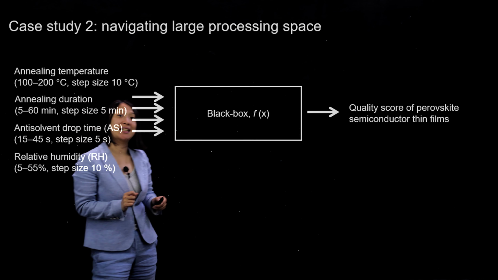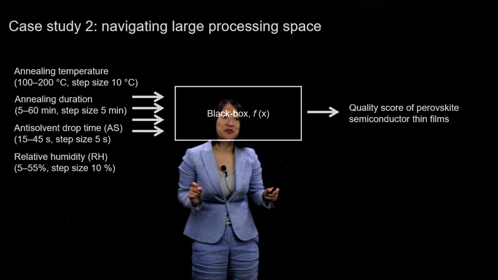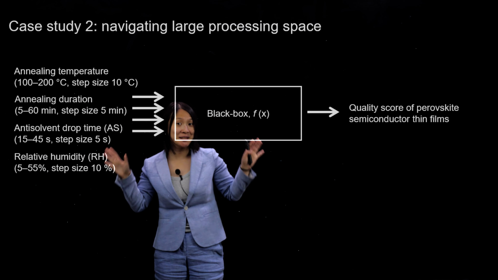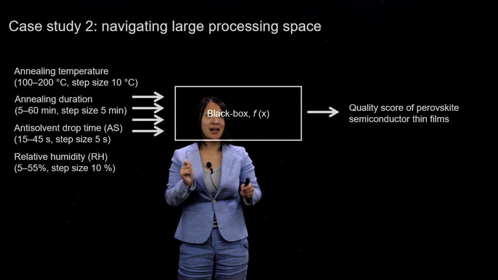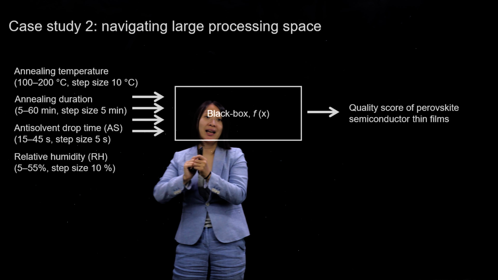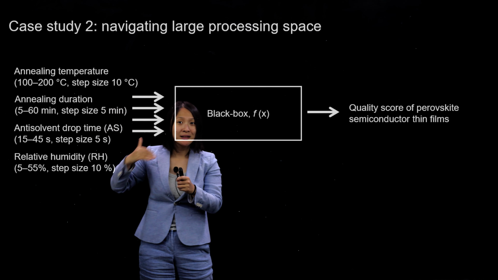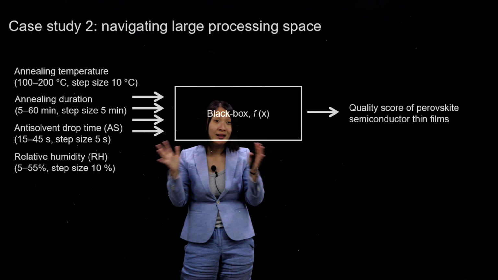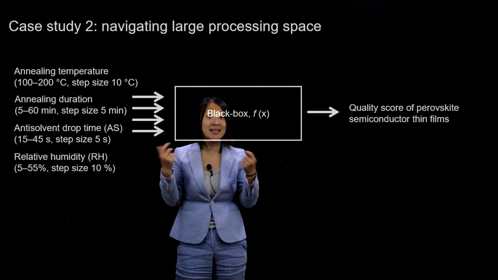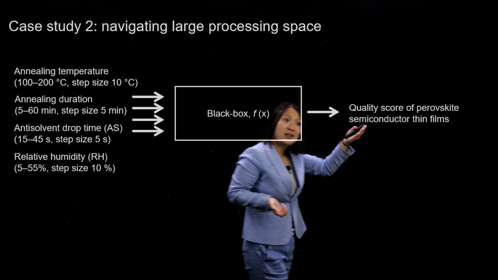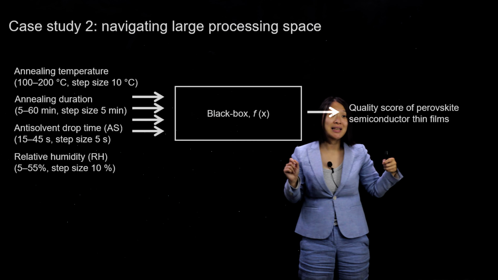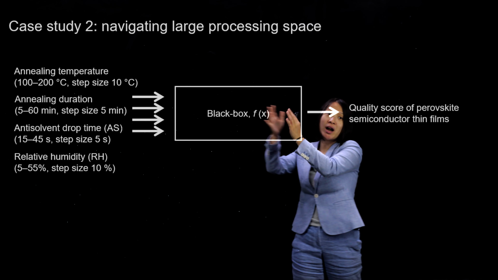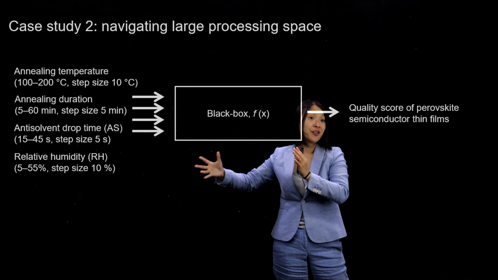The second case study I'm introducing is in the process optimization space. In this case study, our input is a series of processing windows. Here we are again trying to make a perovskite semiconductor film, but instead of changing the chemistry, we are changing how these films are made.